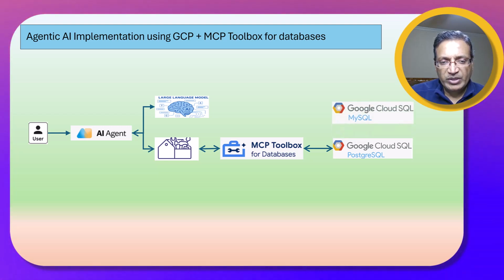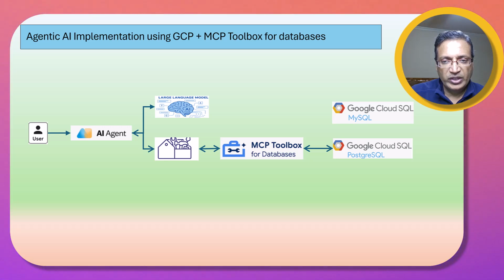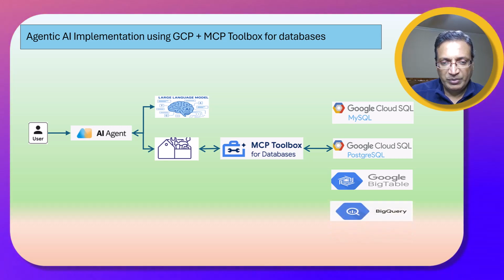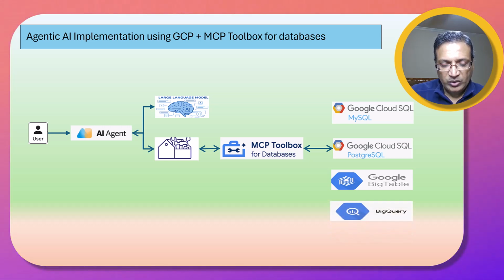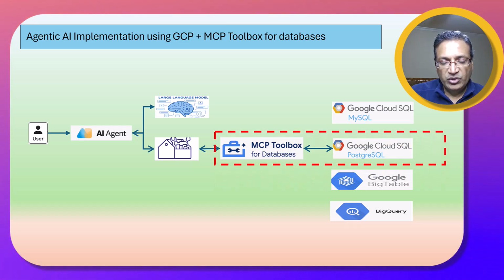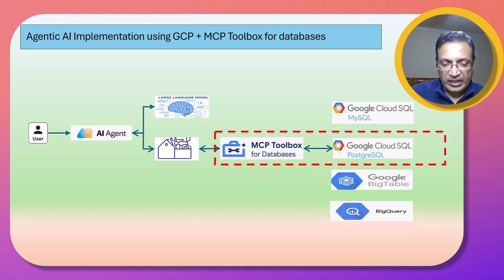MCP Toolbox for databases allows you to connect to Cloud SQL, MySQL, Bigtable, BigQuery, so multiple options there. This is going to be a hands-on video. We already built the connectivity from MCP Toolbox to the Postgres Cloud SQL database, which we hosted on the GCP platform.